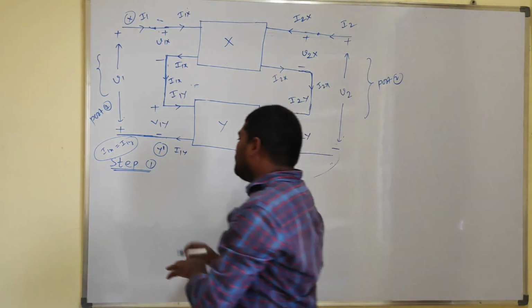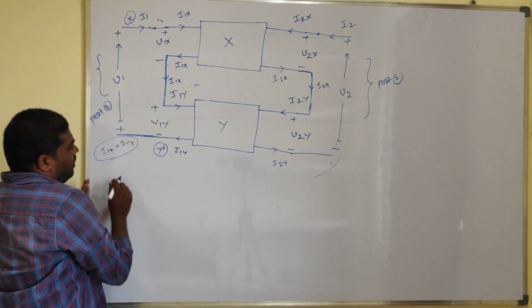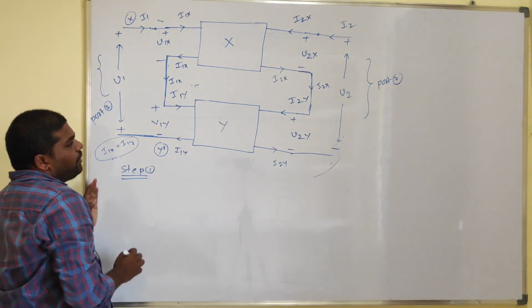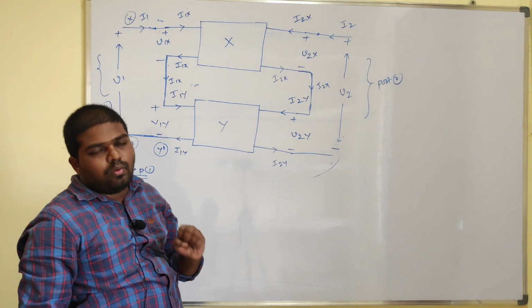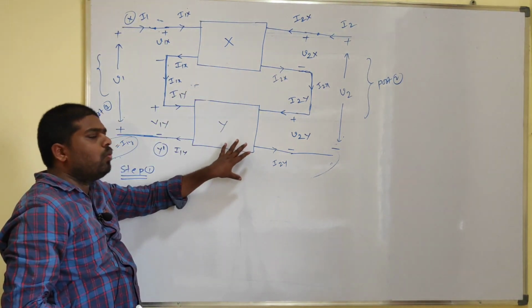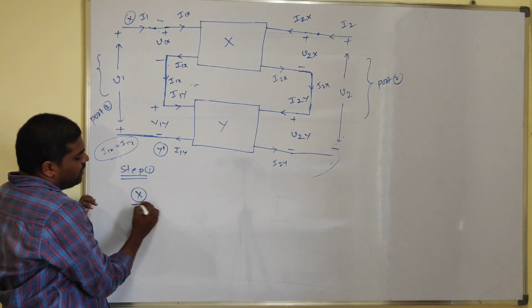So now we can conclude that from step 1, we can define Z parameters for X network as well as Y network. First I take the X two-port network.